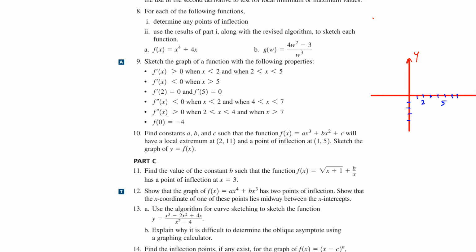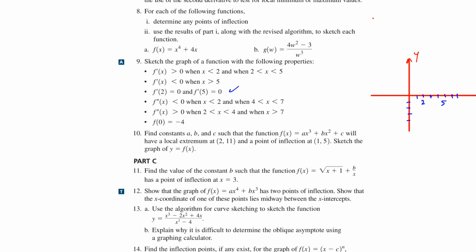This means the function is increasing for x less than 2 and x between 2 and 5. f prime of x is negative when x is more than 5. This means for x greater than 5, the function is decreasing. f prime of 2 and f prime of 5 are 0. That means the tangent line is horizontal when x is 2 and when x is 5.